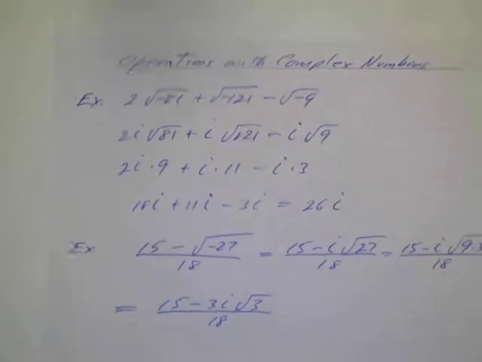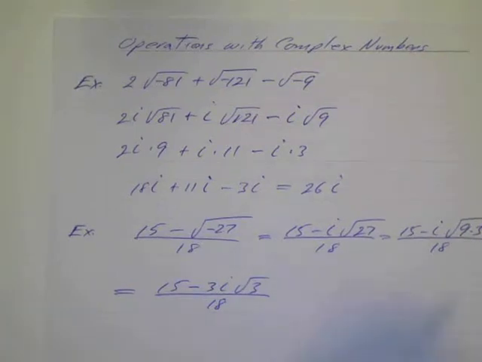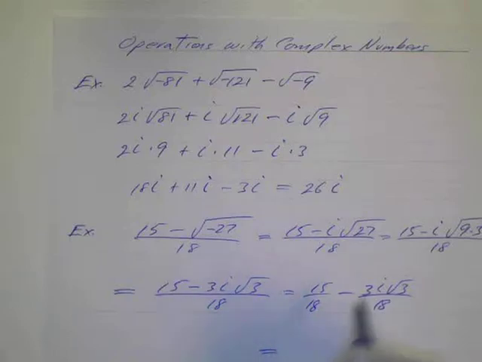Now, if we want it in the standard form, a plus bi, then we'd have to separate this up. And we've got 15 over 18 minus 3i times the square root of 3 over 18. And we can reduce that. 15 over 18 reduces to 5 over 6, minus, 3 goes into 18 6 times, so that's going to be 6 in the bottom.